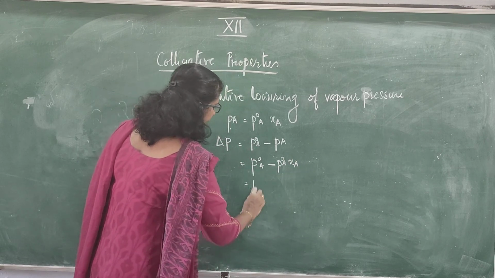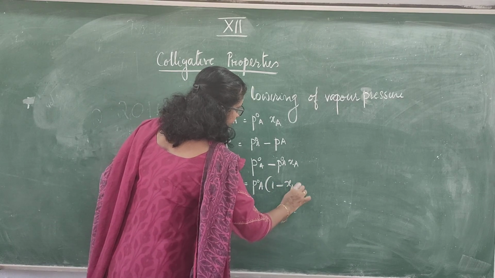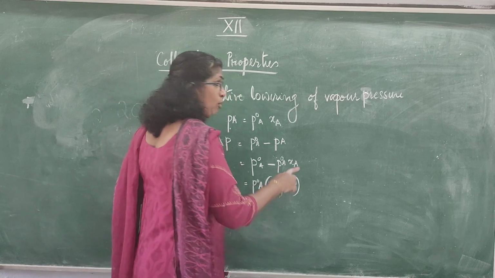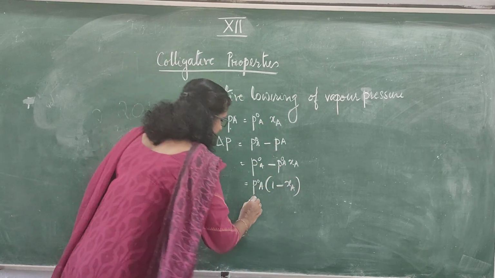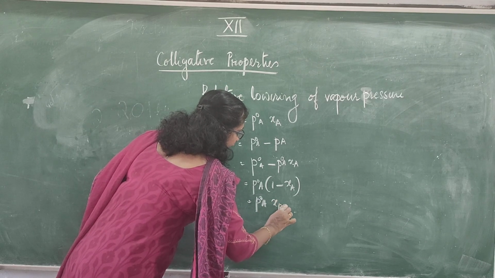We can take P naught A outside: P naught A into 1 minus XA. What is 1 minus XA? It is the mole fraction of the solute, XB, isn't it? So 1 minus XA is XB.